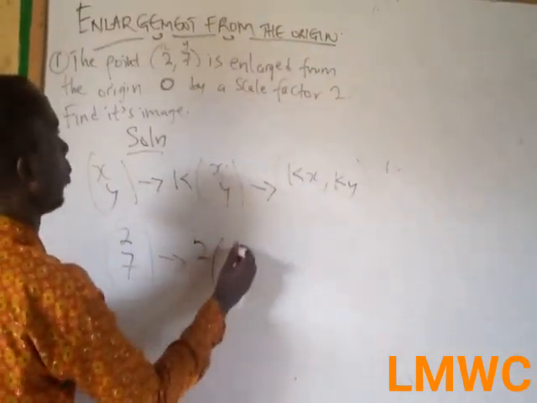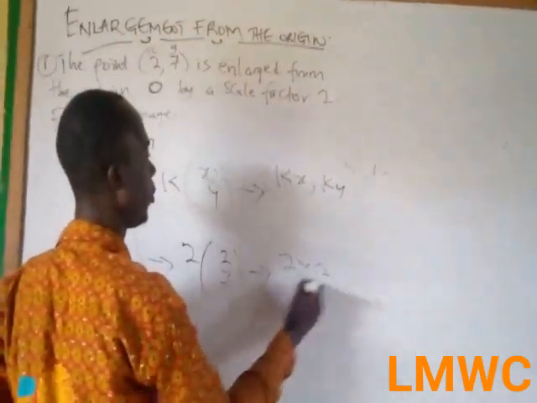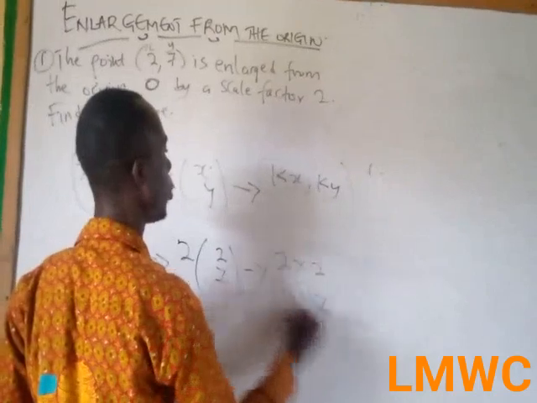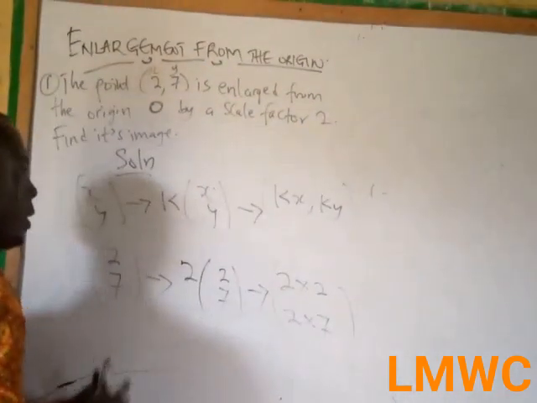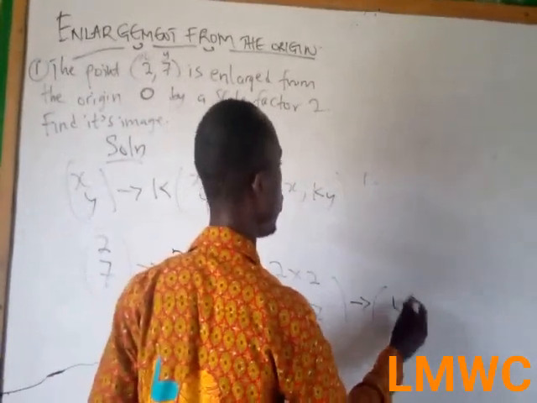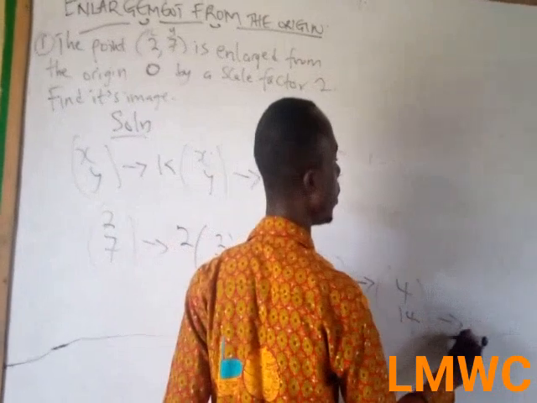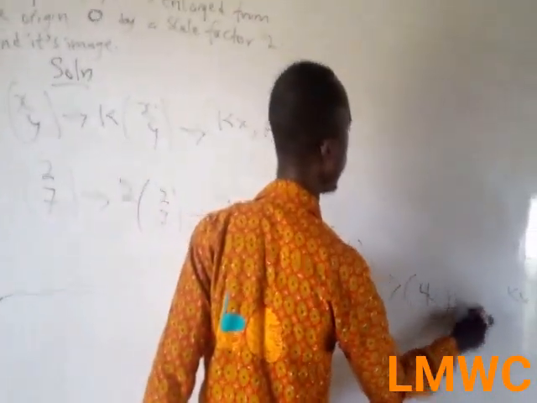So 2 times 2, 2 times 7, because the scale factor affects the x value and also the y value. So you have (4, 14). This is in the vector form. Writing it in coordinates, it becomes (4, 14). That's the answer.